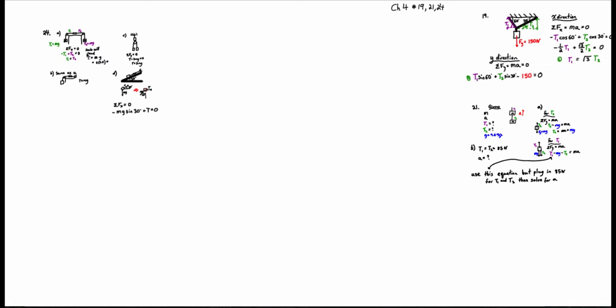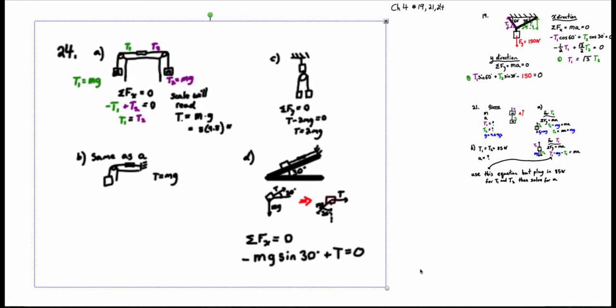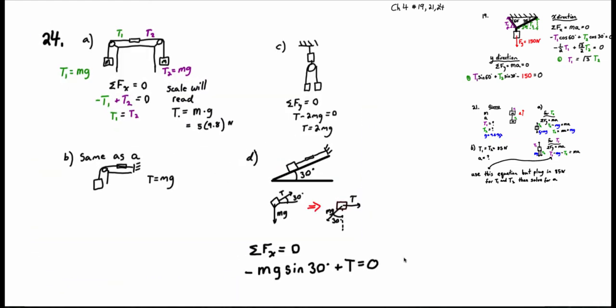Okay, 24. 24 has something that's conceptually hard to visualize, but it's a kind of cool concept. It actually brings in Newton's third law, that for every action there's an equal opposite reaction.